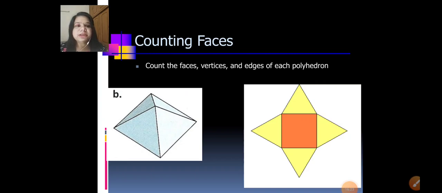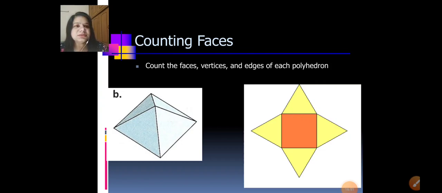Now next in my list is the square pyramid. Why a square pyramid? A square at the base and triangles on the sides. I have shown you the net of this also. On the base there is a square, and if you fold the triangles which are given on the sides of the square, you will get a square pyramid. So let's count the number of faces.